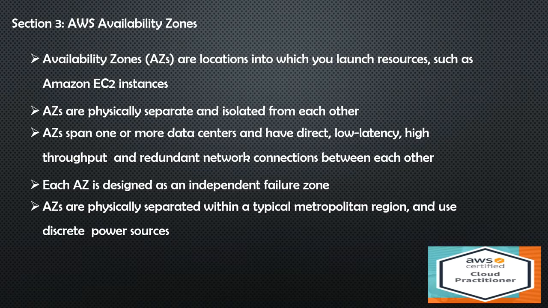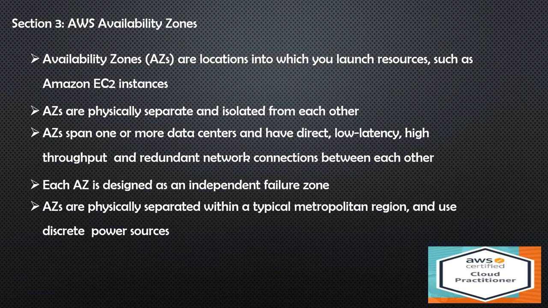AZs are physically separate and isolated from each other, as I said earlier, but through cabling and networking they are connected. AZs span one or more data centers and have direct low latency, high throughput network connections between each other, and redundant networks.